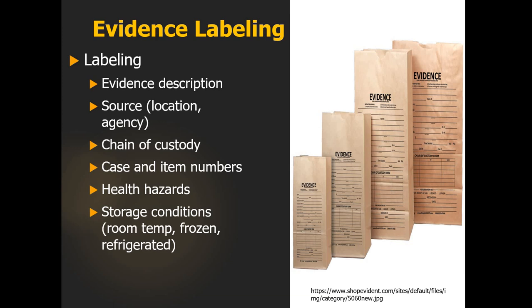Again, same thing that we've been doing: what is in there, where did you find it, chain of custody is still there, case and item numbers, health hazards, if there's any health hazards, this is blood, whatever, storage condition, this is stored at room temperature because it's dry, or this needs to be frozen or refrigerated, and sample needs to be processed quickly, anything like that.